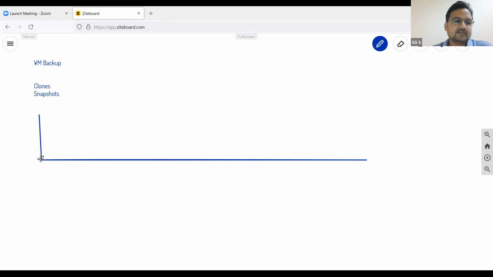On day 1, this is October 7th, I took a backup. And every day I'm taking a backup. At what time? Midnight. Midnight 12, I automatically take backup every day. What is the backup? The whole VM contents, its disk is copied and a copy is created.